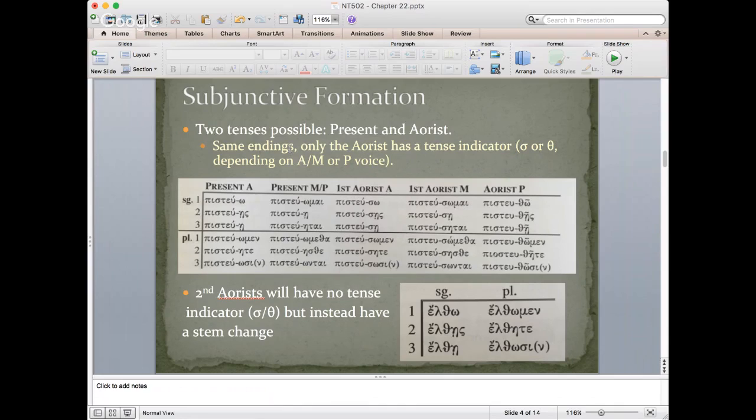It's going to use the same endings. If you'll notice, the differences between the endings are literally that sigma there. That's the only thing, because you have no historical augment like what we talked about. So it literally has that sigma or that theta dropped in.